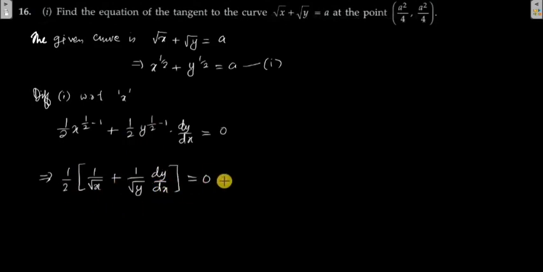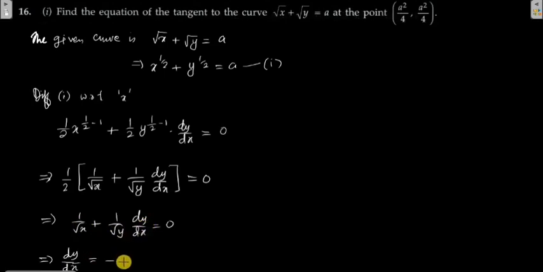Take this 2 out, so you get 1 by root x plus 1 by root y dy by dx equals 0. From here, if I ask you what is dy by dx, you take this out, so you get minus 1 by root x, and when you take root over y over there, altogether your dy by dx is the square root of y by x. So dy by dx will be negative of the square root of y by x.